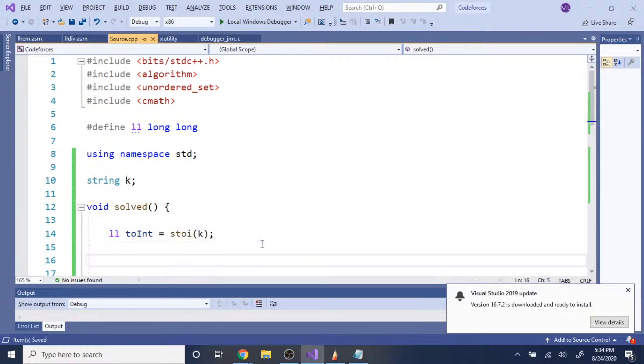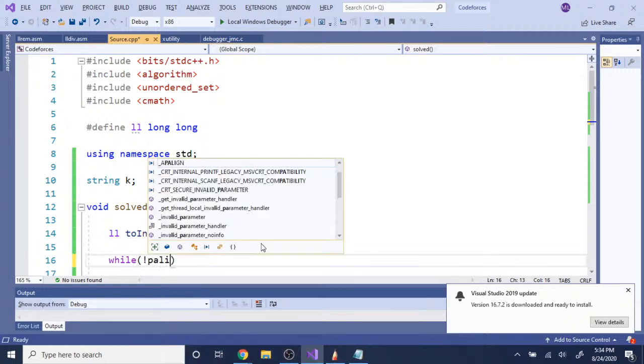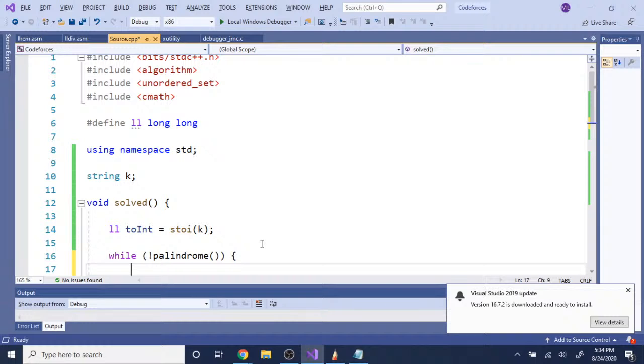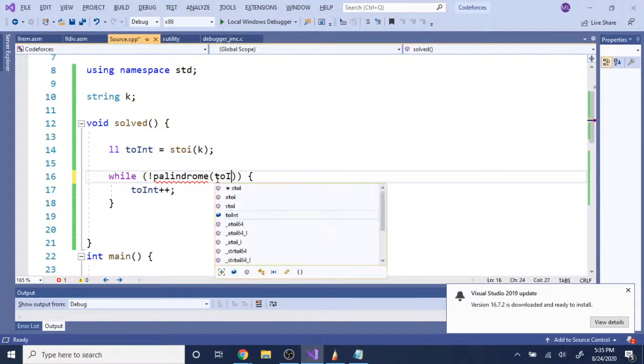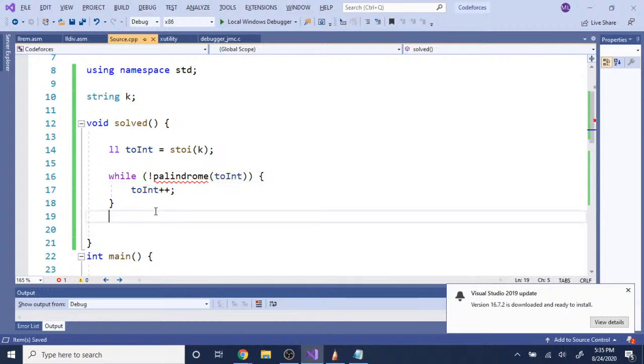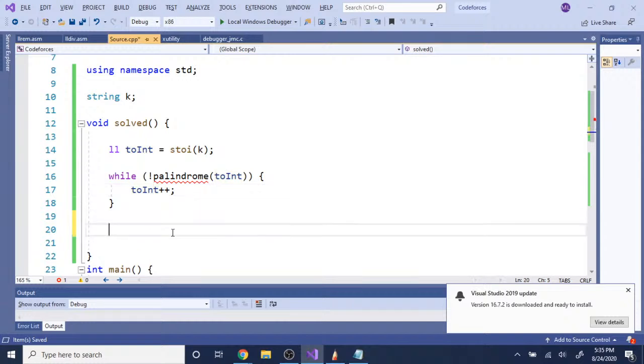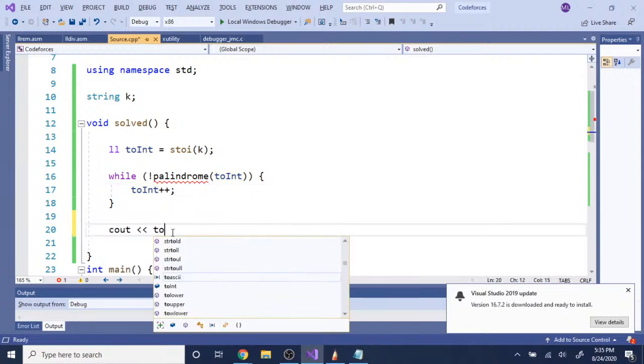Okay, so now I could do while not palindrome, to int plus plus. And then I pass this number in, and then I just print out to int.